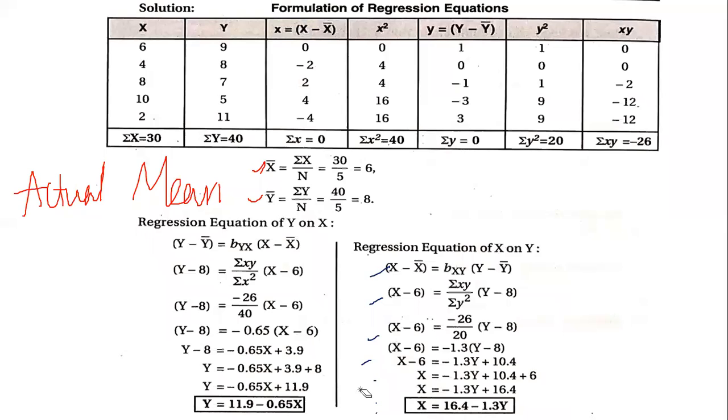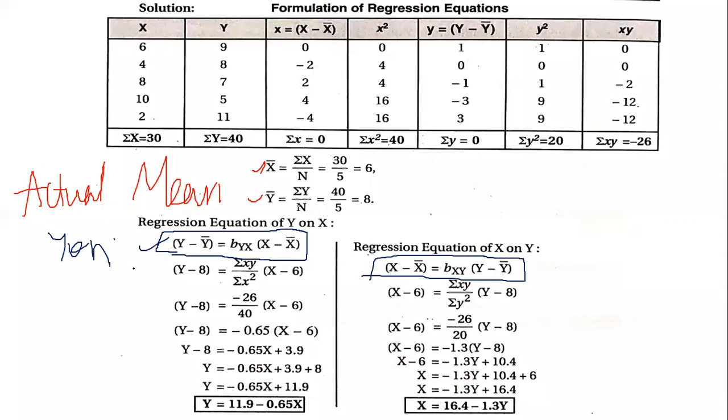Okay, that is one of the logic where you can understand and remember this. Now let us solve the equations. y minus y bar is equal to byx into x minus x bar. This is very, very important on both the sides. If you remember one, you can solve for both. If you remember at least this one, this is y on x.